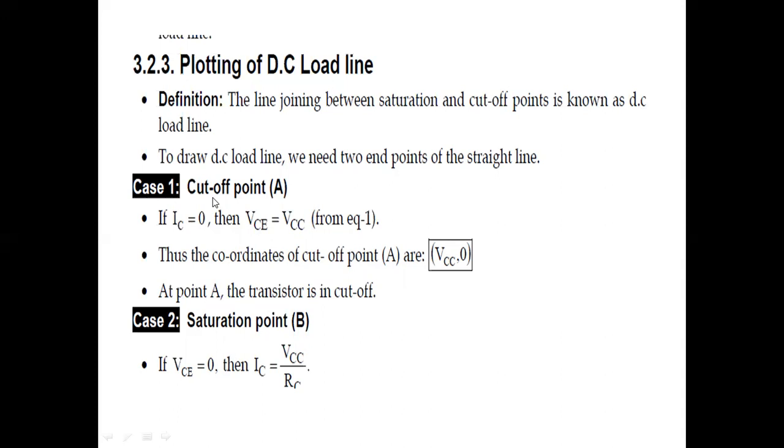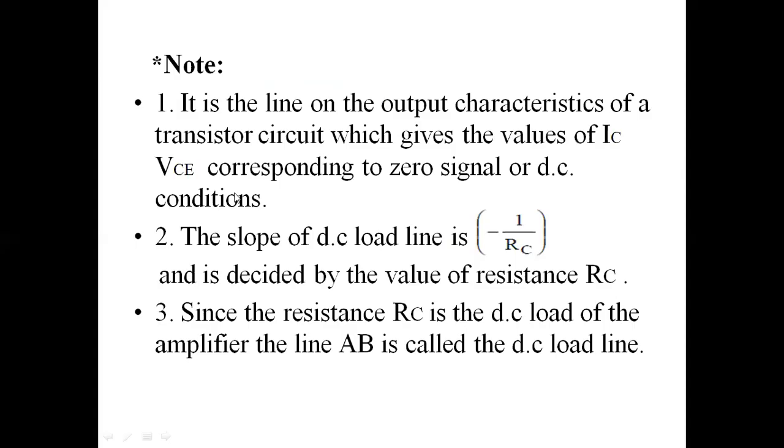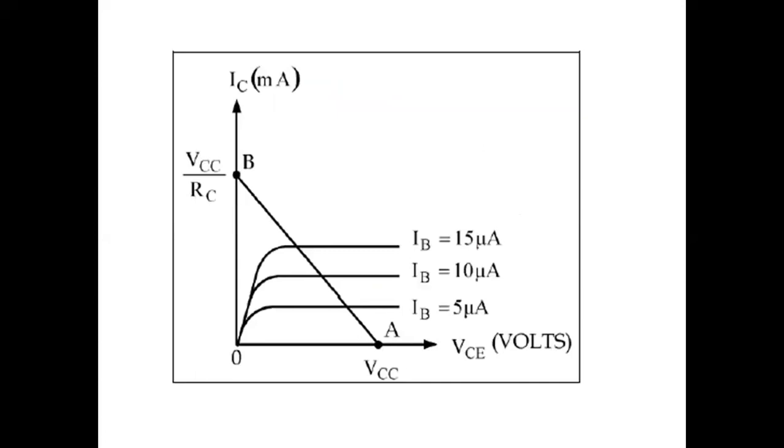Case 1, cutoff point A. The point B lies in the saturation region, whereas point A lies in the cutoff region. Between cutoff and saturation, we name it the active region.